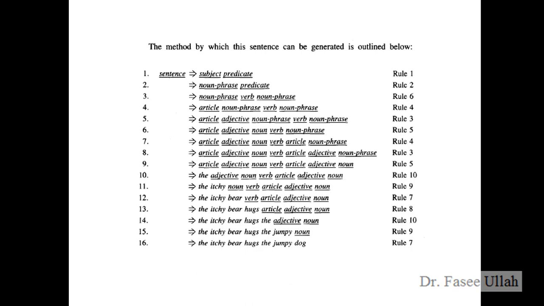We have combined different articles, verbs, nouns, pronouns, phrases, and so on, and we say how we can create or generate or produce such sentences based on these rules for English. So this is how we can generate such sentences for English grammar.